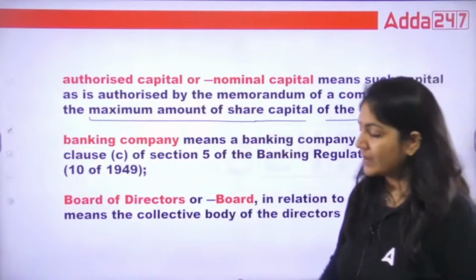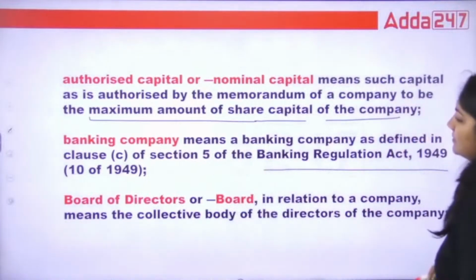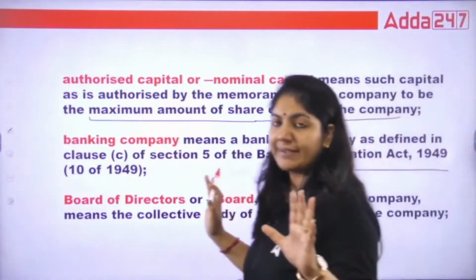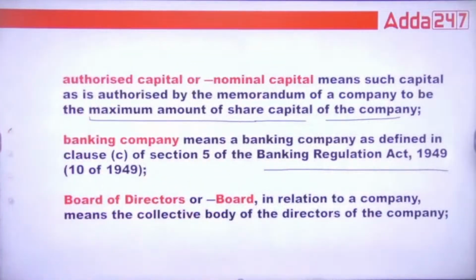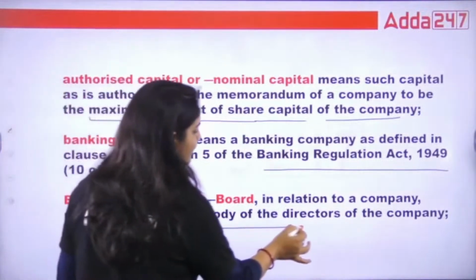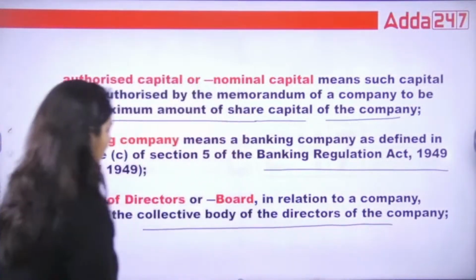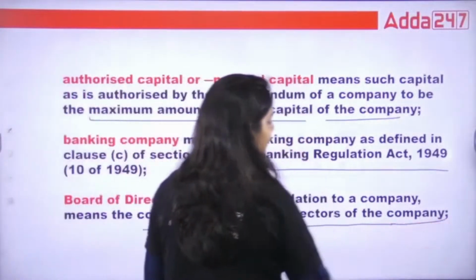Okay? Banking company, which is defined under the Banking Regulation Act. That is so simple. What is board of directors? That is the collective body of directors of a company. This is called board of directors.